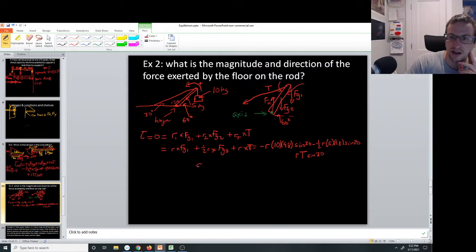This first term, 10 times 9.8 times sine of 30, is going to be negative 49. Minus 1 half times a half, 1/4 of 5 times 9.8, R is going to cancel out. This is going to be 12.25, plus 1 half T equals 0. T is going to equal 122.5.